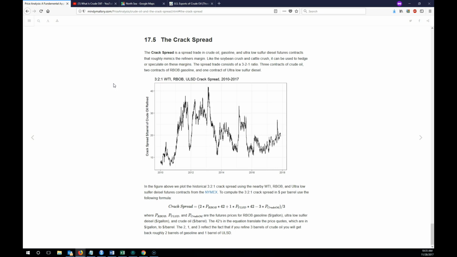Now, you oftentimes will see the crack spread computed from spot prices, and that probably makes a lot more sense if you're taking spot prices from the same location, for example if you're talking about the crack spread of refiners in Louisiana.